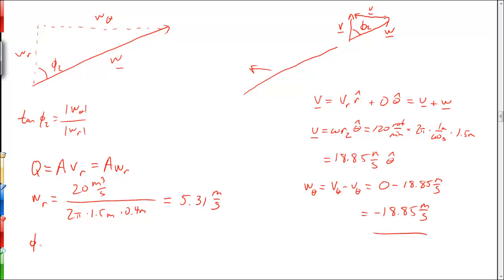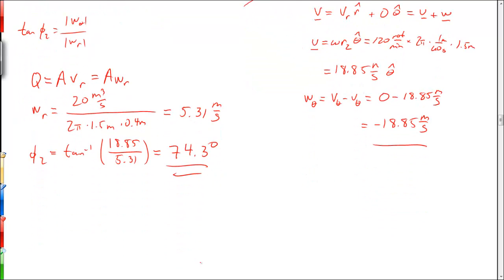So therefore, the angle at the outlet is going to be equal to the inverse tangent of 18.85 over 5.31, and we go through and we do the math, and we see that that's equal to 74.3 degrees.